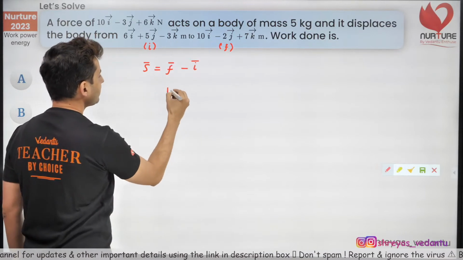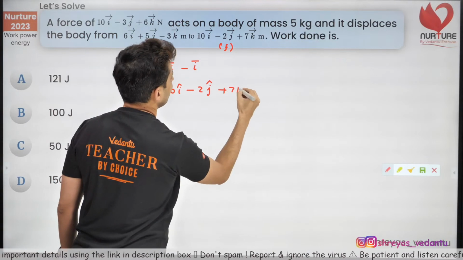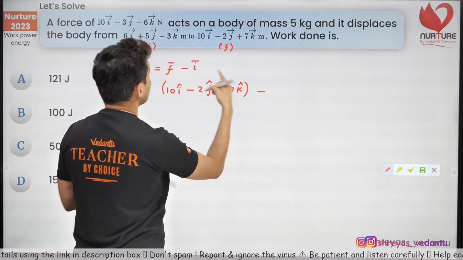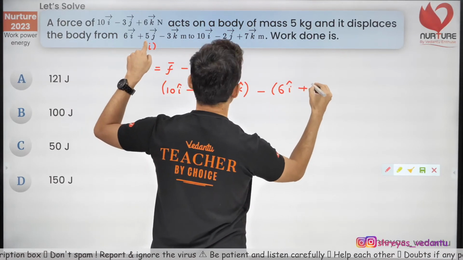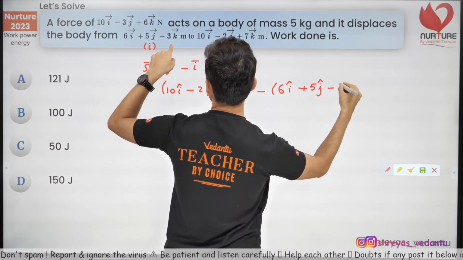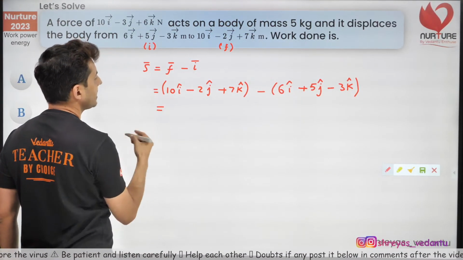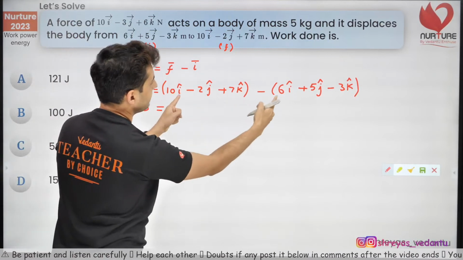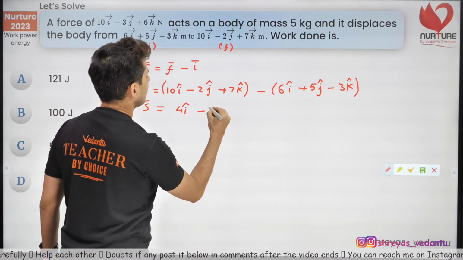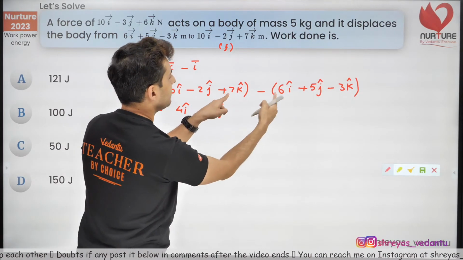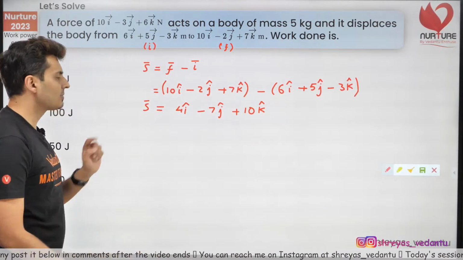That means 10 i cap minus 2 j cap plus 7 k cap, minus initial, which is 6 i cap plus 5 j cap minus 3 k cap. So displacement is 10i minus 6i, which is 4 i cap, minus 2j minus 5j, which is minus 7 j cap, and 7 minus minus 3, which is plus 10 k cap. This is your displacement.